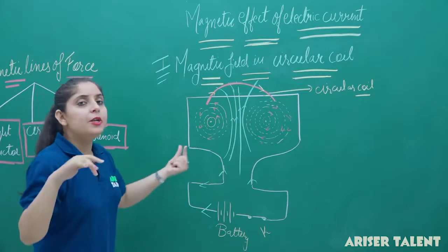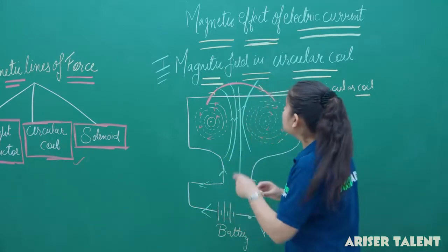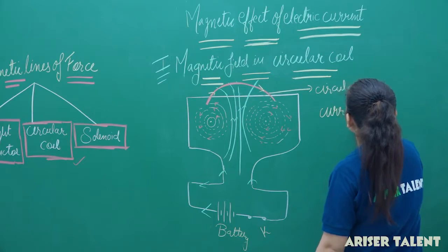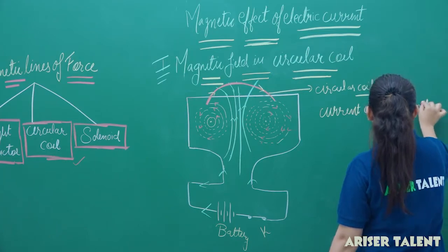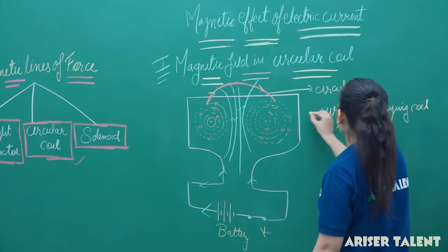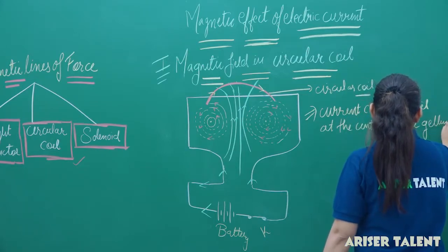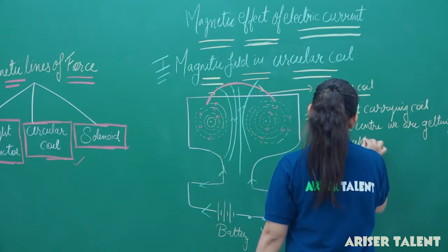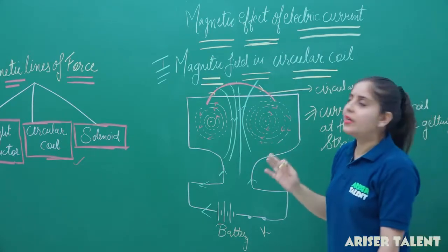So we can say that due to the circular coil, you will get magnetic field lines that are straight lines at the center. So, in this current carrying coil, at the center we are getting straight lines.